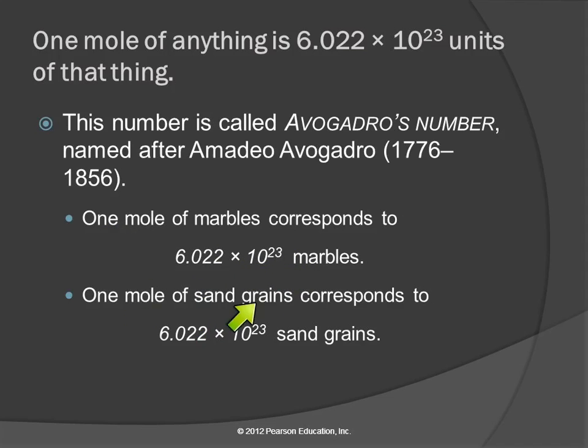A mole of sand grains, 6.022 times 10 to the 23rd sand grains. I think a mole of marbles would cover the surface of the earth to a depth of about a mile, if you had that many marbles. Think about that. That's a lot of marbles.